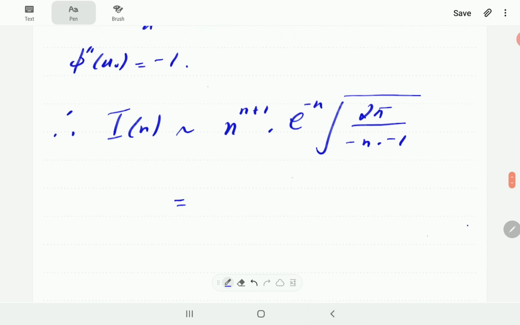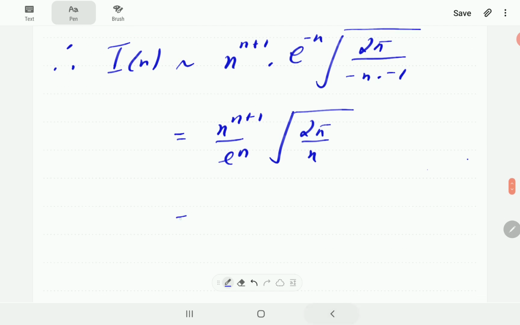So this thing we can write as n to the power n plus 1 over e to the power n times the square root of 2 pi over n, and then we can further simplify this.